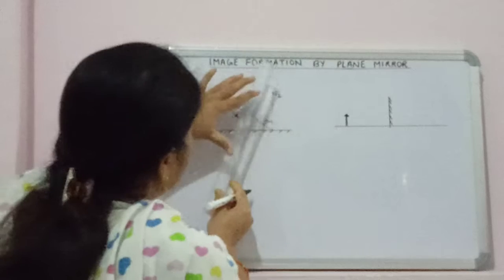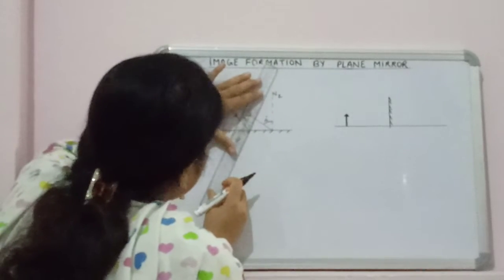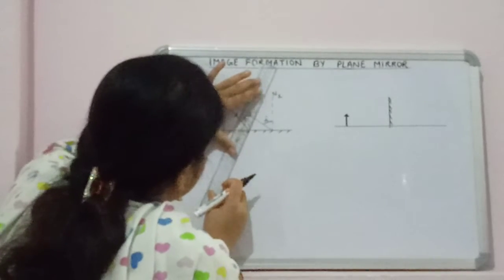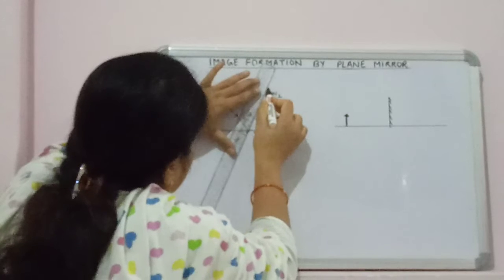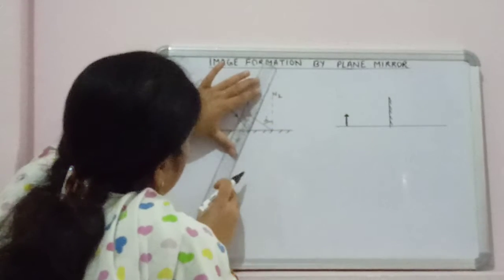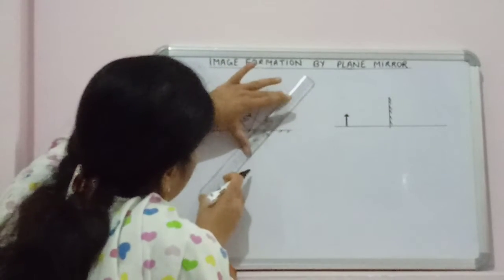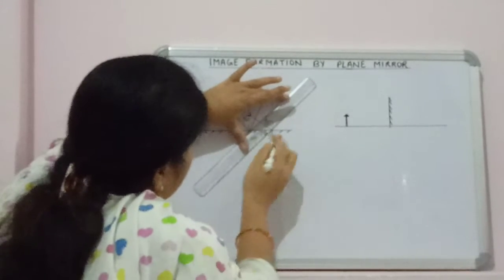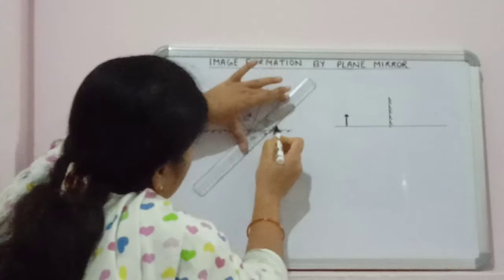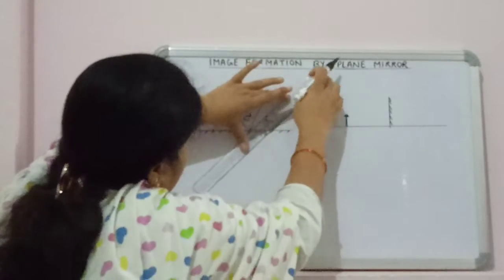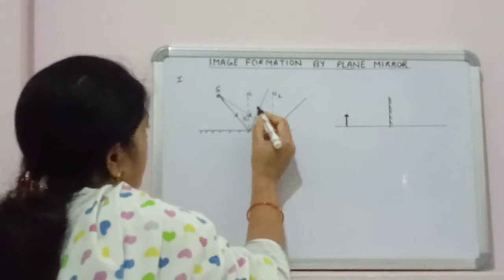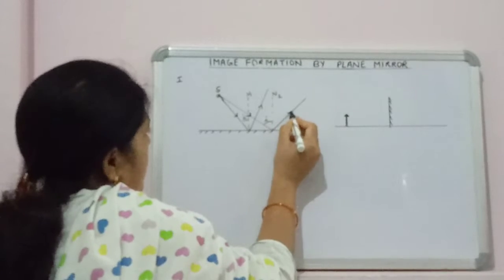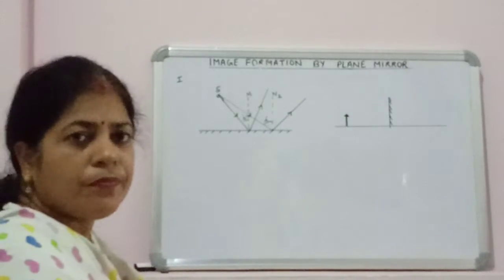So the ray will reflect back in this manner, so that the reflected ray makes an equal angle with the normal as the incident ray. So these are the reflected rays.